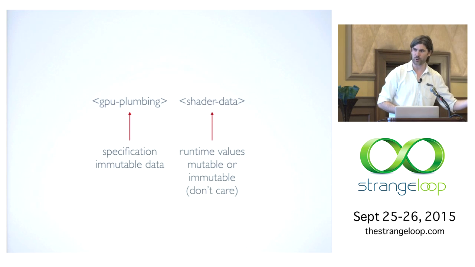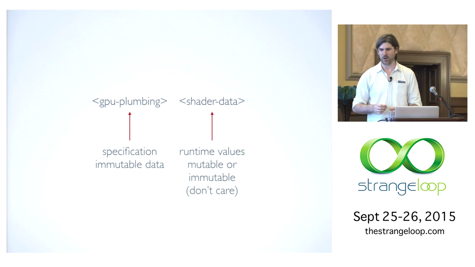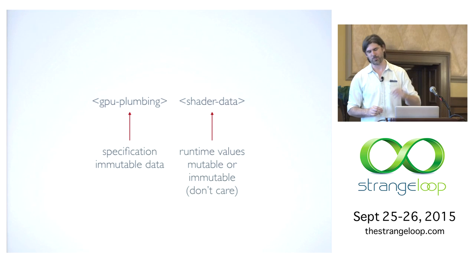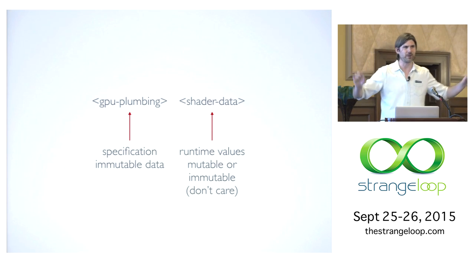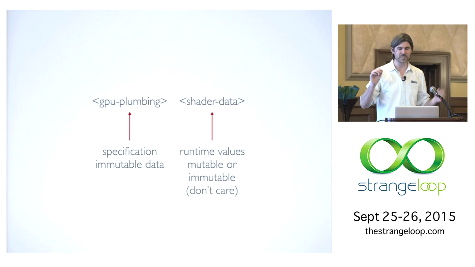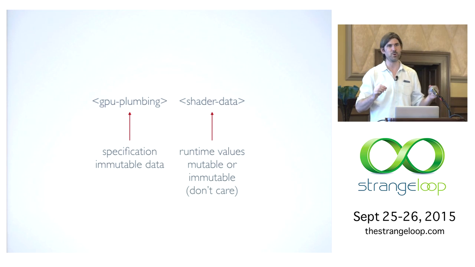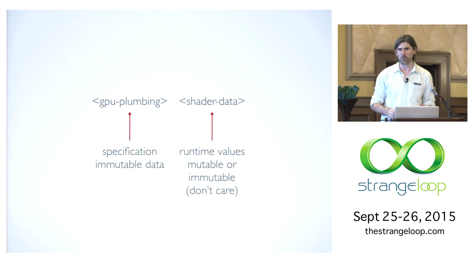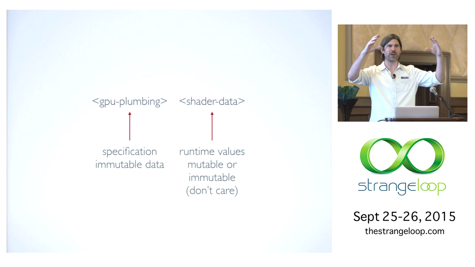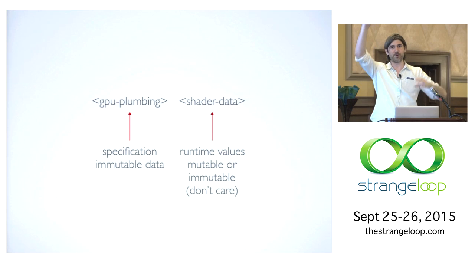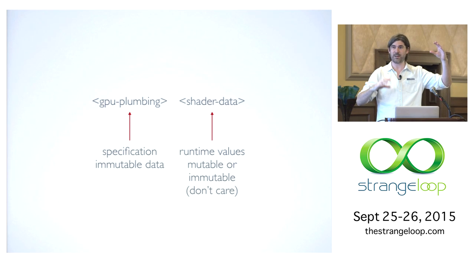What's the current frame buffer? What texture is that frame buffer connected to? What render buffer is that frame buffer connected to? Just all this wiring information. And this part we want to specify as immutable data. So the situation that we want is the configuration is immutable. You might have a few of these configurations. They're immutable. They never change.